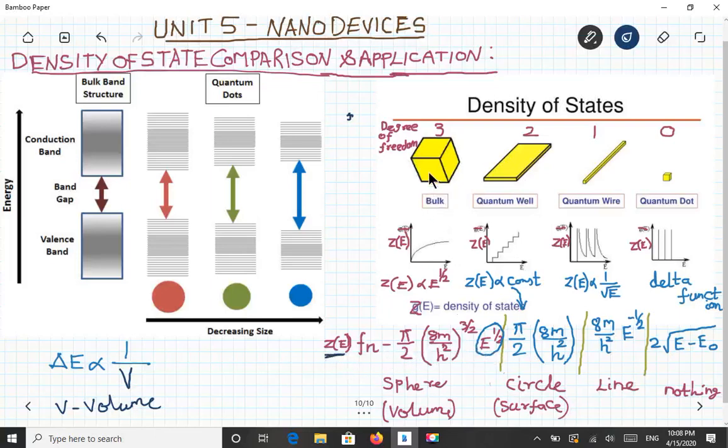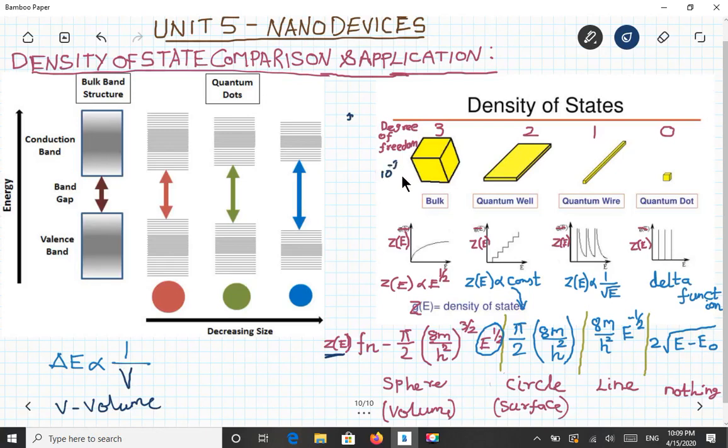This is applicable only for bulk material. Bulk material means anything of 10 power minus 6 or even 10 power minus 7, or more than 10 power minus 6, that is 10 power minus 3, minus 2, that is centimeter, millimeter. Millimeter is 10 power minus 3.